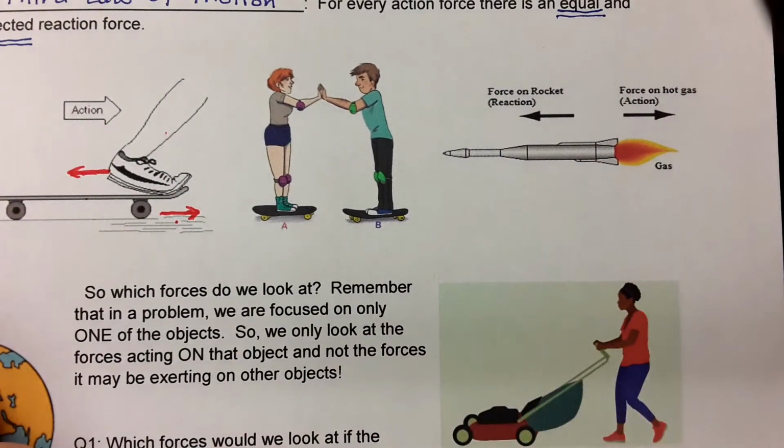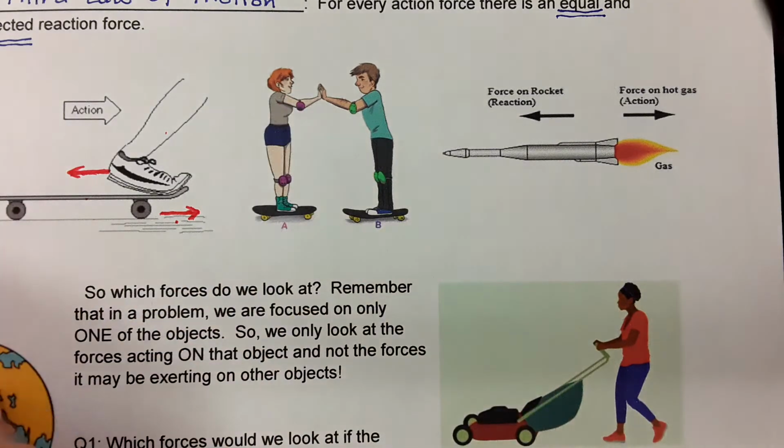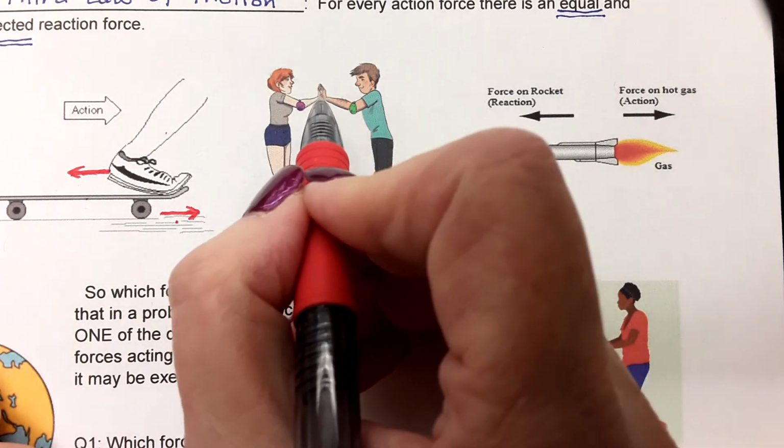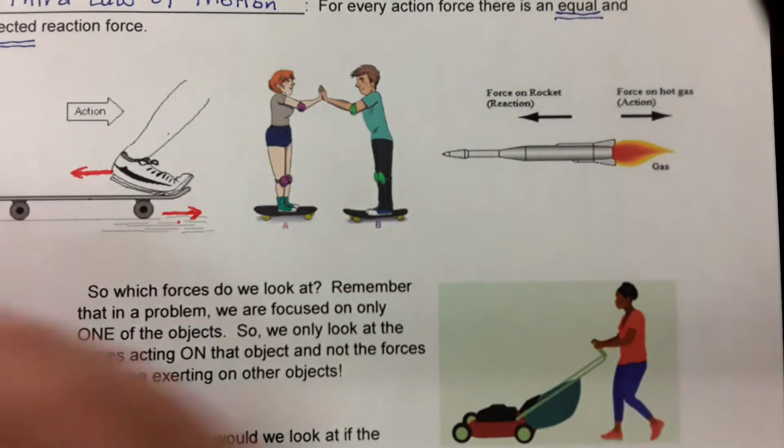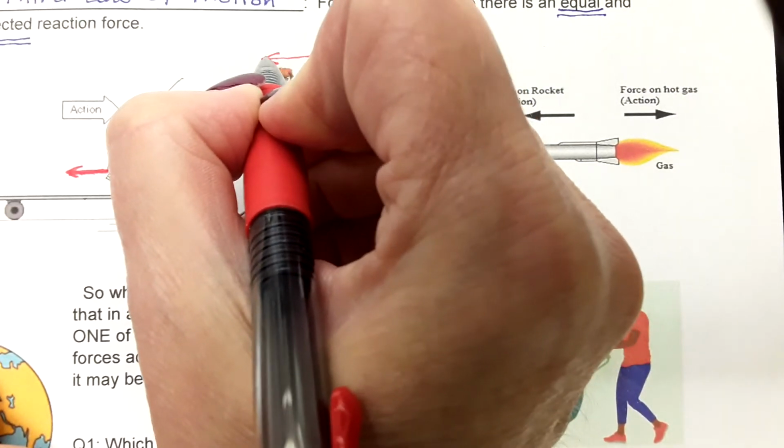You may have seen something like this take place at the roller skating rink or the ice skating rink. It's just that here they're on skateboards. But let's suppose you stand with your friend and you put your hands together and she just stands there. She doesn't try to do anything and you push on her hands. So you're going to exert a force on her.